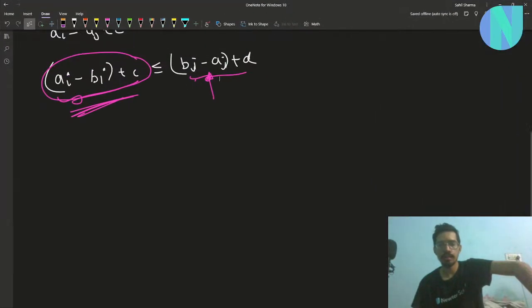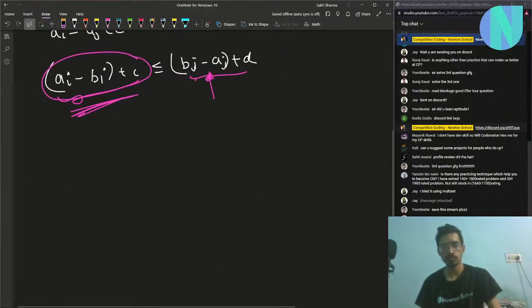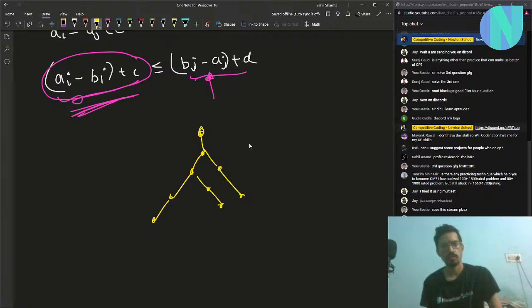So the idea I see here is this also. So you can just do a DFS, I think, and keep count of frequency, right?